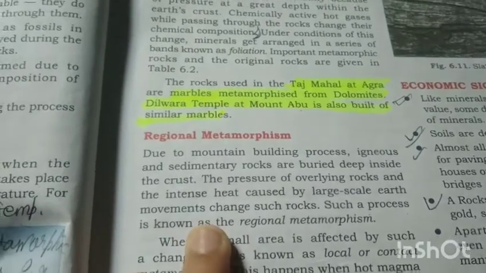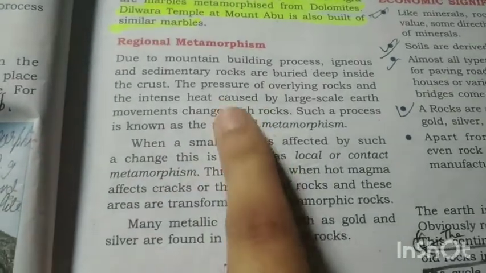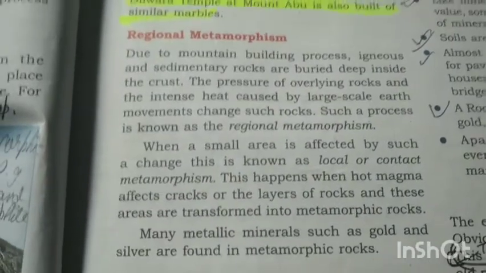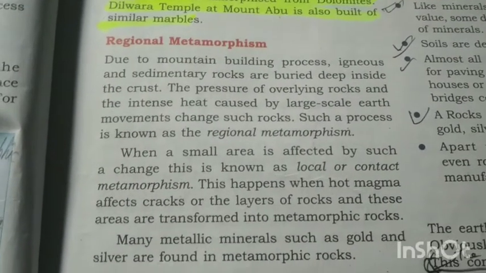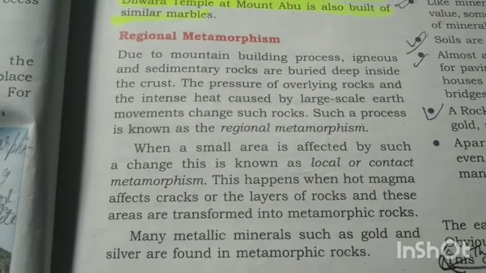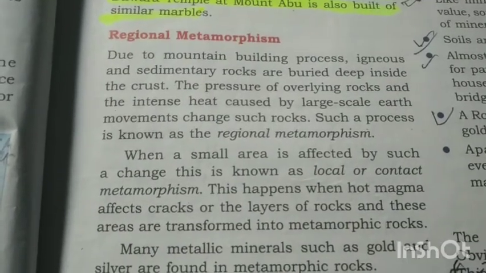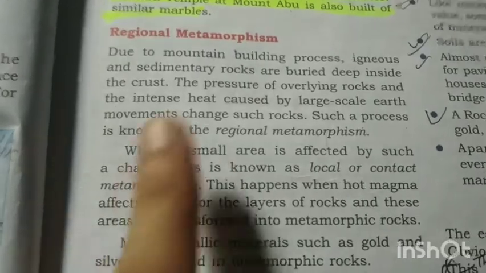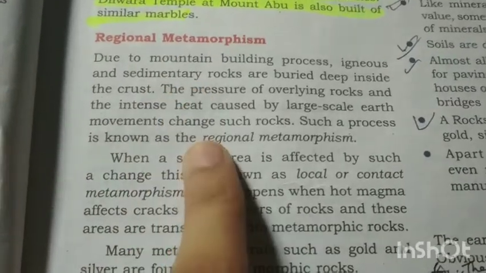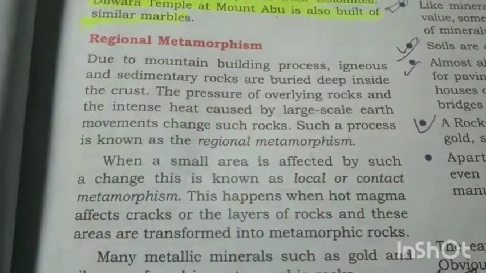Next is regional metamorphism. Regional because of the formation of mountain building. The sedimentary rocks or the igneous rocks are buried deep inside the crust, and because of the high pressure and heat. In the thermal we learned that was heat, in the dynamic that was pressure.